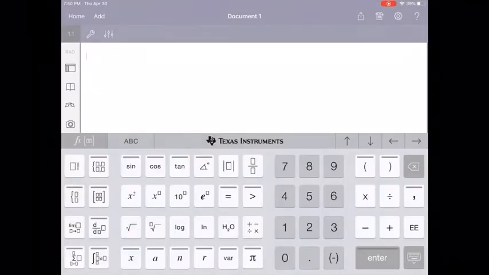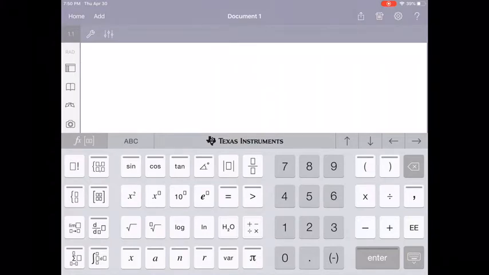So the app that I use does allow you to find the derivative at a point. For most calculators, you should be able to do that. So let's quickly do that.